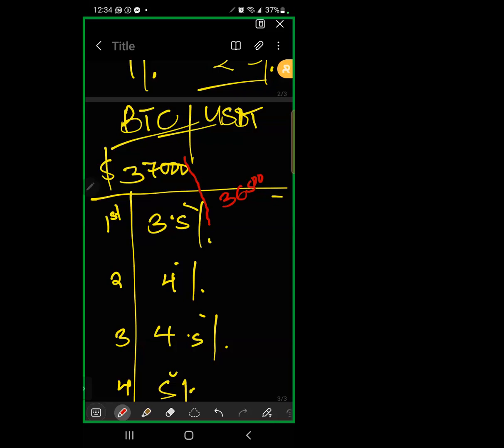Now, if it hits the first margin call target, listen to me carefully. The robot won't buy. If it hits 3.5, the robot won't buy. Why?